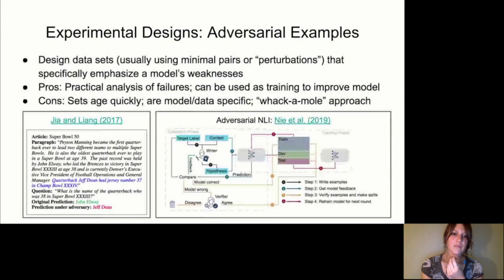Rather than coming up with a broad theory of the types of structures a model is and is not representing, and as a consequence, the types of phenomena it can or cannot handle, we're instead finding a thing, crushing it, finding another thing, crushing it. And so it feels possibly more hill-climby than really making broad steps towards progress.